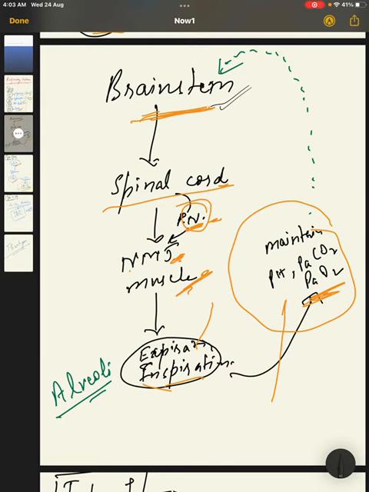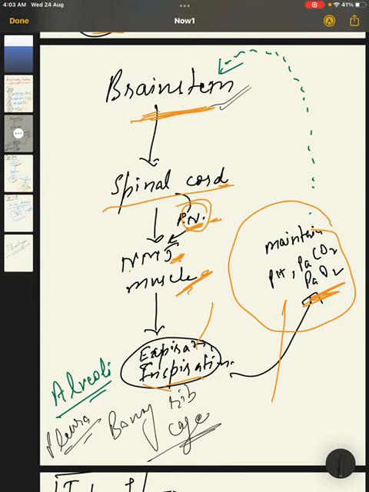In the alveolar disorder, like ARDS, pneumonia, and interstitial lung disease. In the bony rib cage disorder, we can write here the bony rib cage, like ankylosing spondylitis, and pleura is also included here, like fibrothorax. All these conditions will lead to respiratory failure.